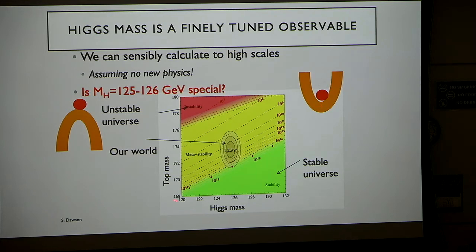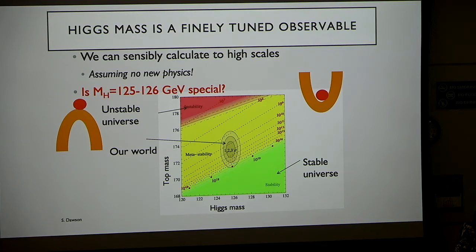And you can see that to be in a stable universe where we're always at the minimum of the potential, here's the 125 GeV Higgs. And you go up here, and the top mass would have to be sort of 171 or so. So it looks like we're up in this metastable region. So the Higgs mass is telling us something about the universe, that maybe we're not in a stable universe, but rather we're in a metastable universe.